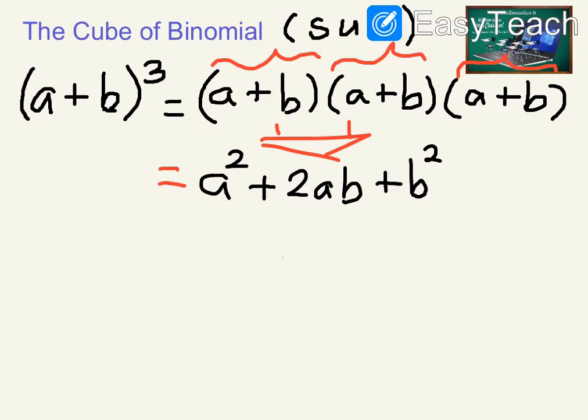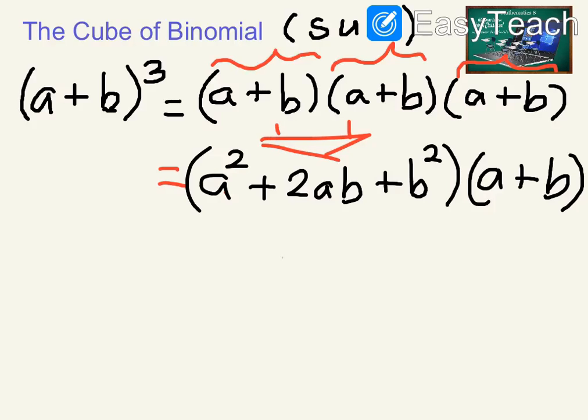After that, we multiply it by a plus b, so that we can derive the pattern. You're going to multiply it using the distributive property of multiplication over addition.